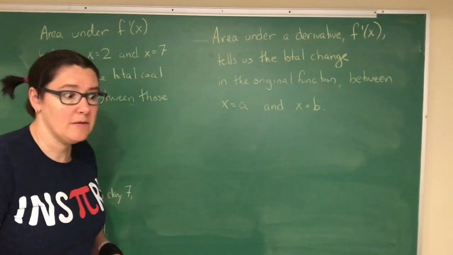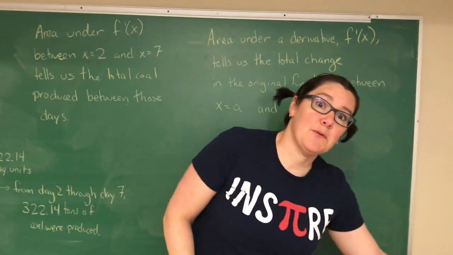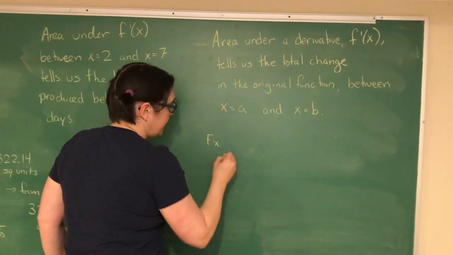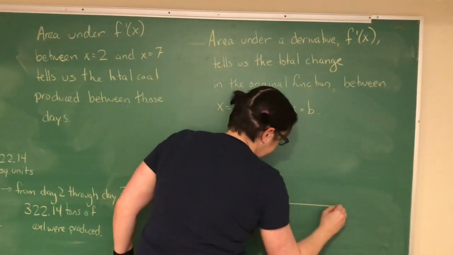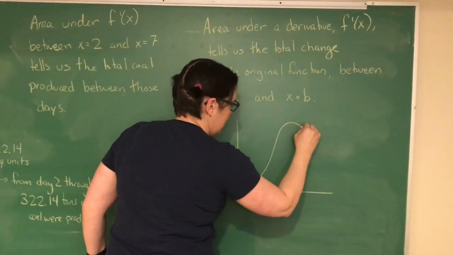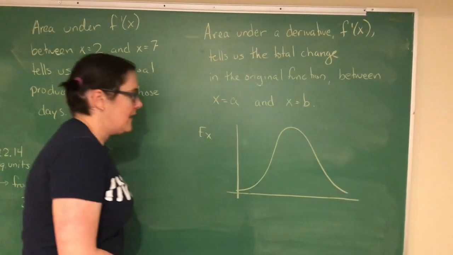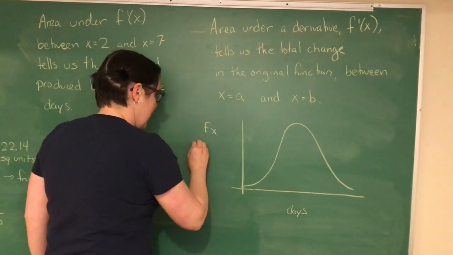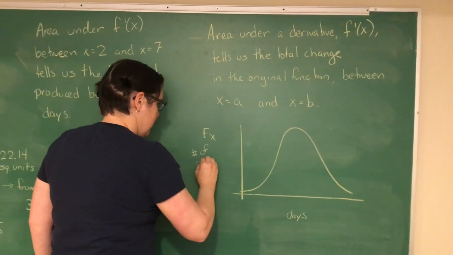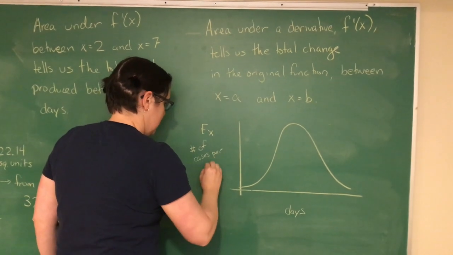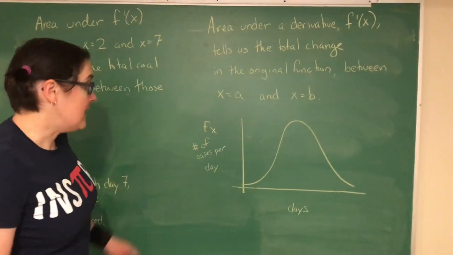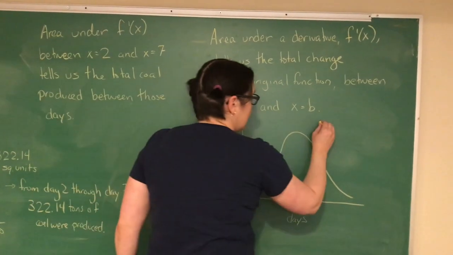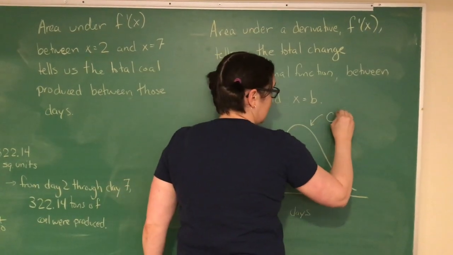Okay. Now, in your remote assignment, one of the questions that you're going to be asked about is, you're going to have a graph that looks like this, sort of, and along the x-axis you will have days, and along the y-axis you will have number of cases per day. And we're talking about COVID cases here, and so the number of cases per day is this graph right here, which is the derivative.